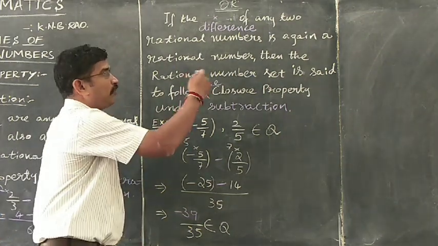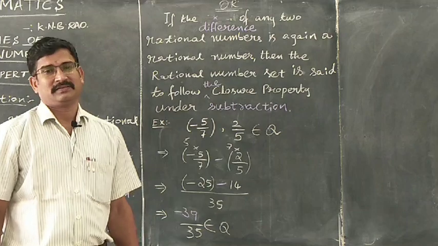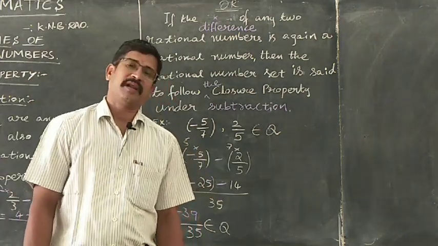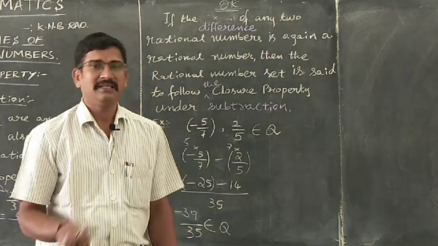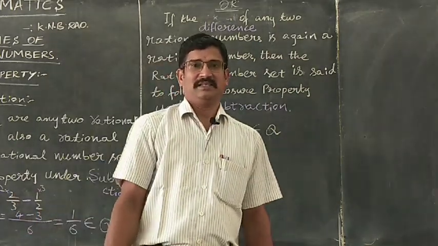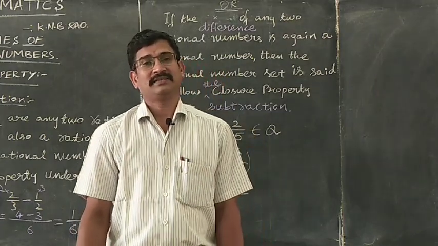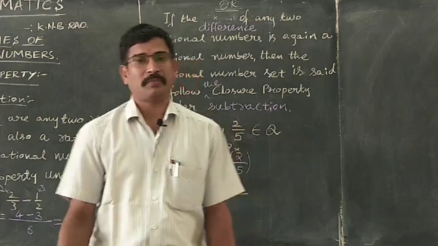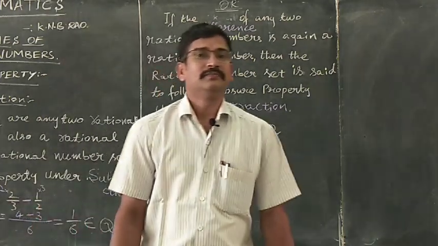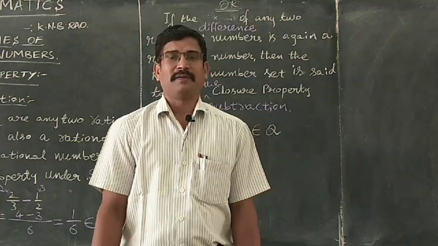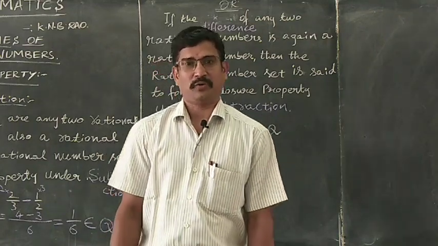Now you have learnt both definitions, closure property under addition as well as under subtraction, in a mathematically generalized way. Now we will take the rest of the operations, closure property under multiplication and closure property under division, and we will sum it up today.